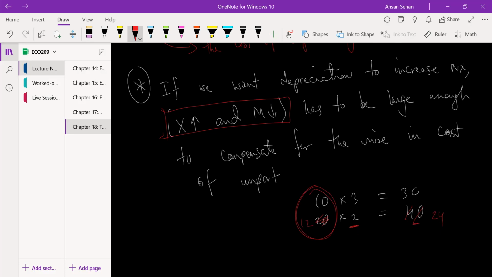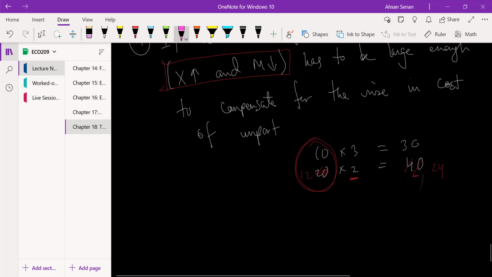Okay, this is what we need. If this does not happen, then depreciation will not increase net export, which isn't what we want. So the question is, does this happen in reality? Are rise in X and fall in M usually large enough to compensate for the rising cost of import?